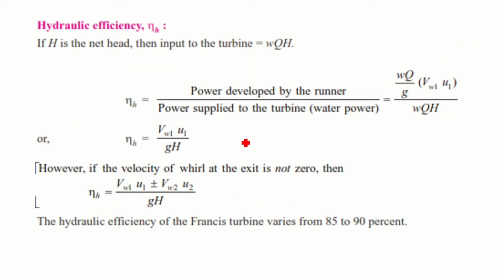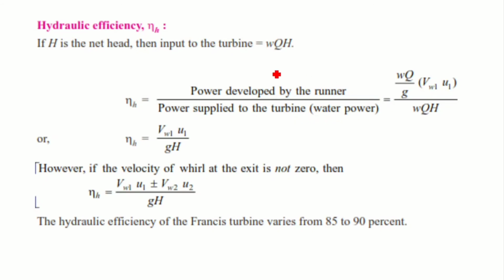Next, hydraulic efficiency. As we discussed in the case of the impulse turbine, here also we need to refer to different efficiencies. The first one is hydraulic efficiency, which is the power developed by the runner divided by the power supplied to the turbine.